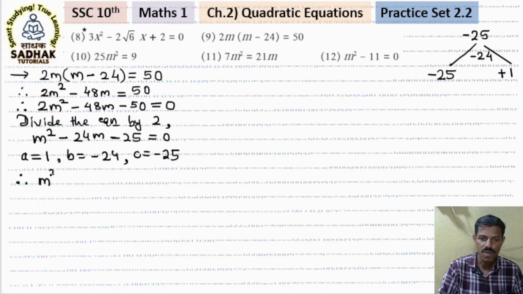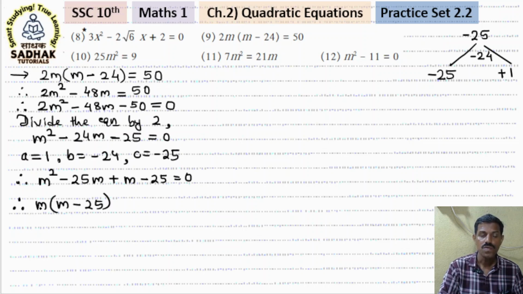So therefore m square minus 25m plus 1m minus 25 is equal to 0. Okay, so when we take the common terms from first and second term, we will get m is common, and whatever is remaining we will write inside the bracket. So m bracket m minus 25 plus, now in these two terms also we can see nothing is common.